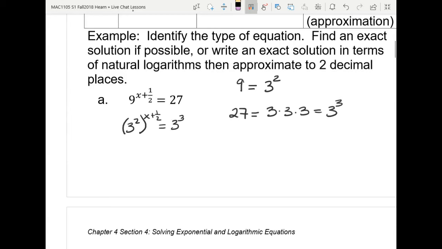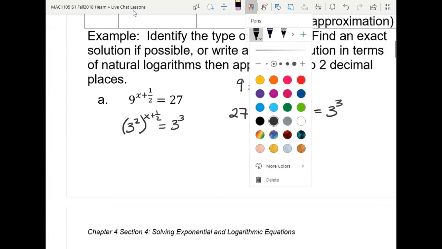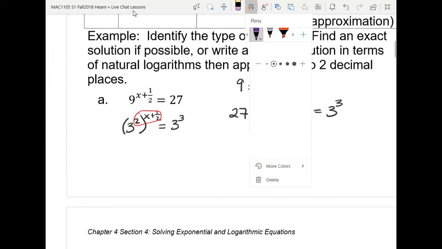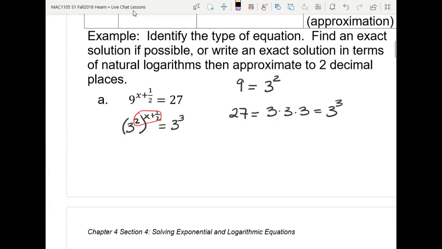Now, you do need to know your rules of exponents. For example, here we're raising a power to a power, so we have to multiply the exponent. So I'm going to have 3 to the power of 2 times x plus 1/2 equals 3 cubed.